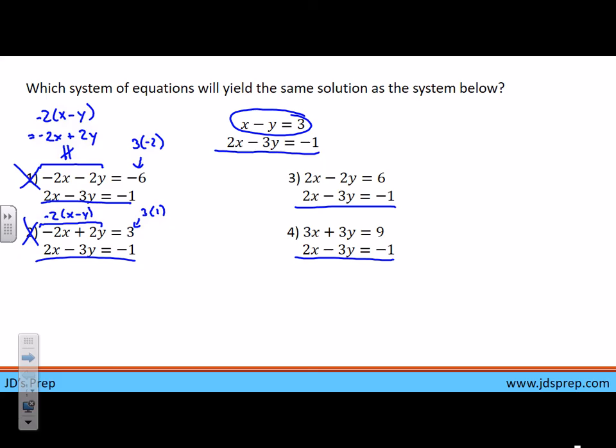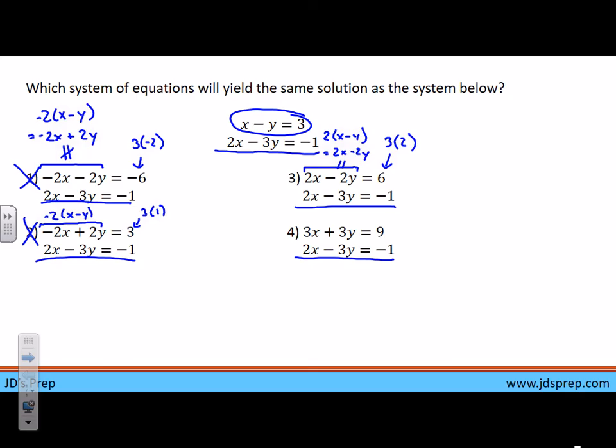Moving over to number 3, in order to get the right side of the equation, we multiply 3 times 2. And so if we multiplied the left side, the x minus y, times 2, and get the left side that we have in this equation, then we will have the same solutions. If I try 2 times x minus y, I end up with 2x minus 2y, which is exactly the same as what we have here on the left.